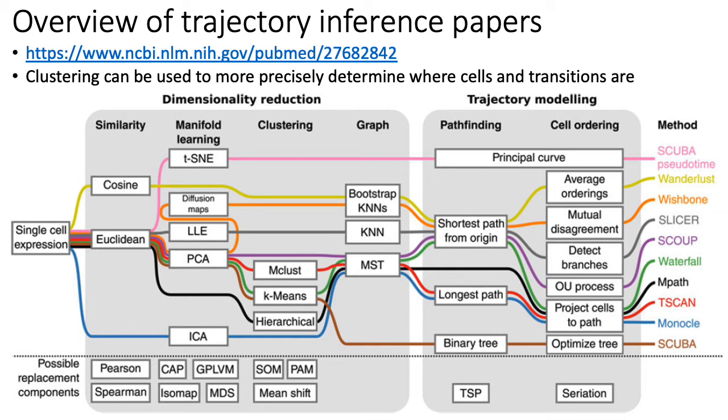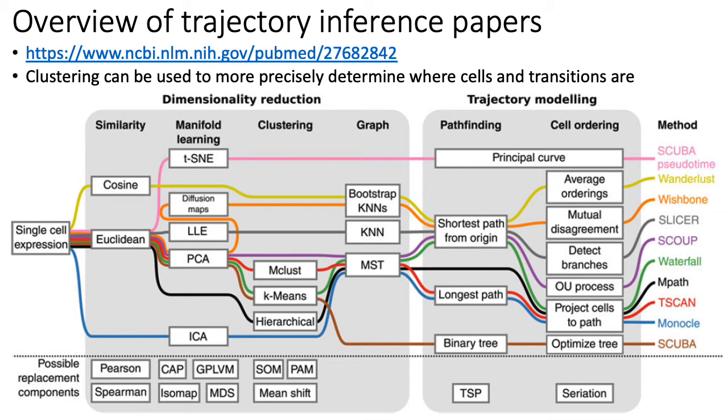The last time that I checked, which is probably back in February 2020, there were something on the order of 130 different software packages that you can use to infer trajectories. It is insane how many different ways there are, and it's basically impossible to go over all of them, because there are just so many.